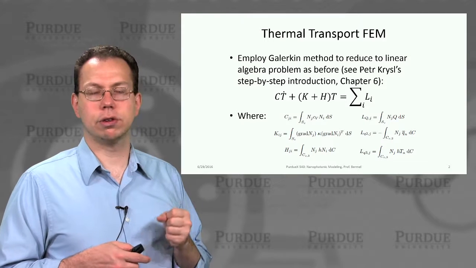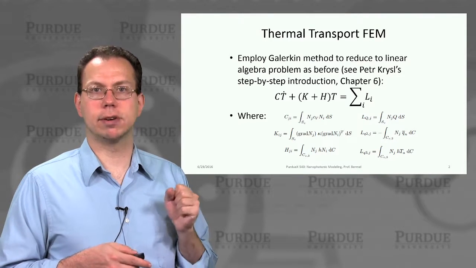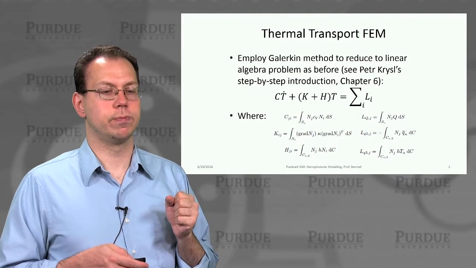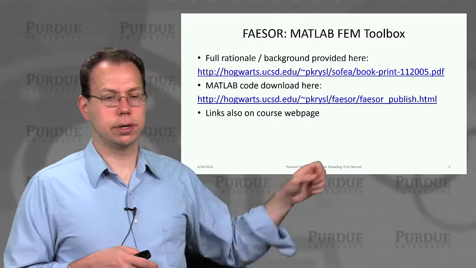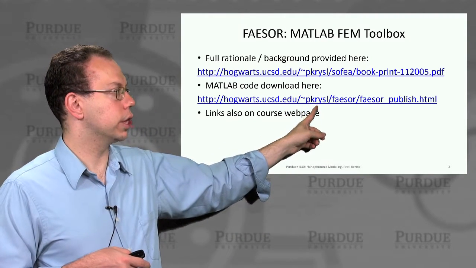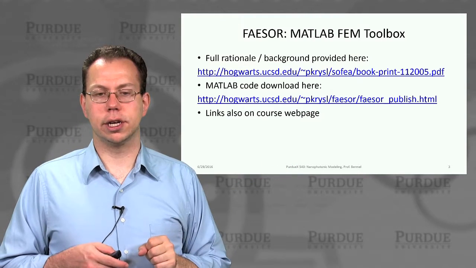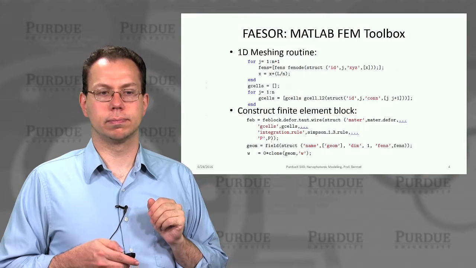And if you want to go through this in a lot more detail, then please look at Peter Krystal's book on the topic, which is freely available online, in chapter 6 especially. You can go here to download the book. You can download the code right here. And there, he also has a course webpage. You can download some of that information as well.